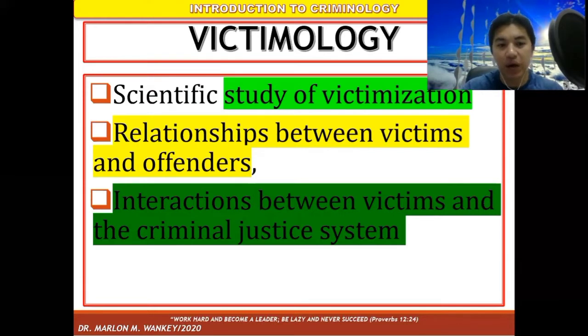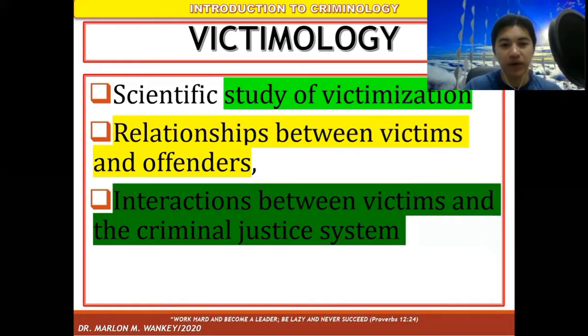What is the reason why the victim received injury from the offender, or why the offender attacked the victim? What are the factors that contribute to the victimization of the victim, or the motivating factor of the offender that urged or provoked him or her to attack the victim?